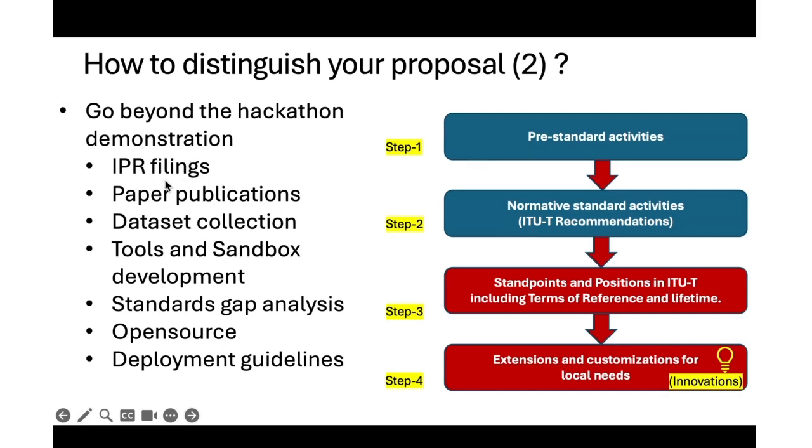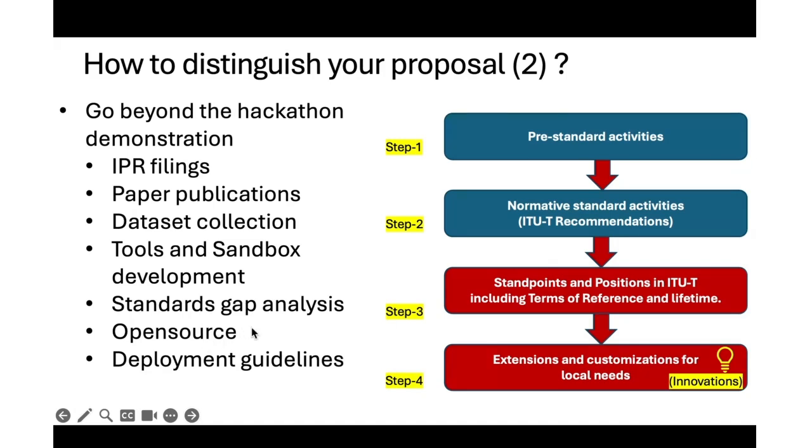Consider these aspects of IPR filings. What are the potential paper publications, academic or research paper publications, which can come out of your proposal? What are the data sets which can be collected? What are the tools and sandboxes which can be developed as part of it? What are the standards gap analysis which can be done as part of it?